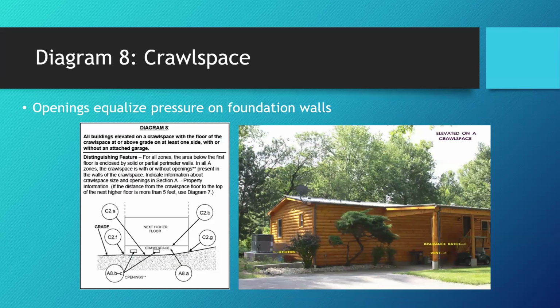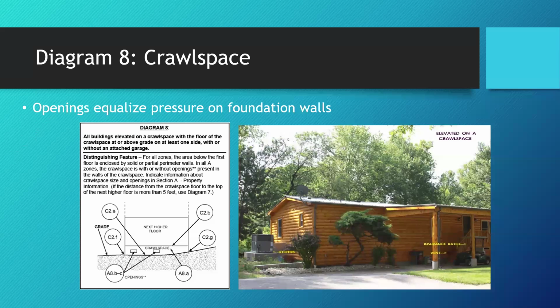Diagram 8 is a crawl space. So, this is not considered a basement. The interior floor of the crawl space, which is usually just dirt, needs to be at or above the exterior. So if the inside of the crawl space is lower than the exterior grade, then you've just inadvertently created a basement.